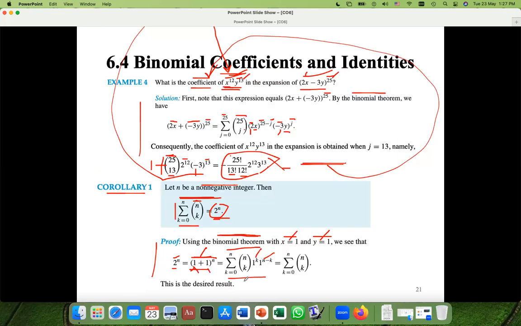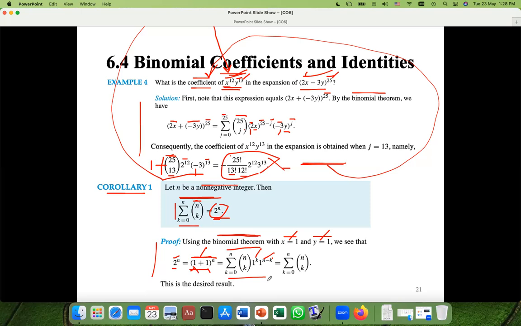And now, this 1 raised to the power k and this 1 raised to the power n minus k, what is happening here? Yeah, n minus k plus k would be cancelled.